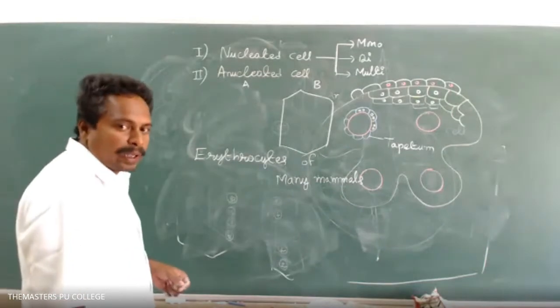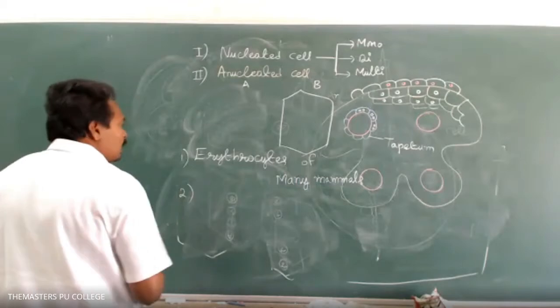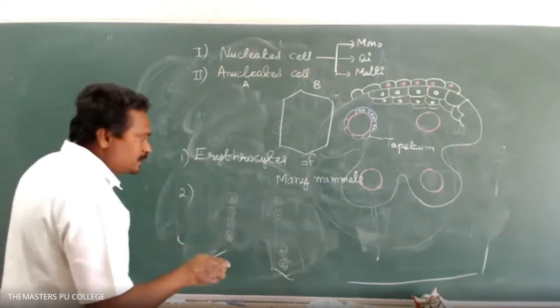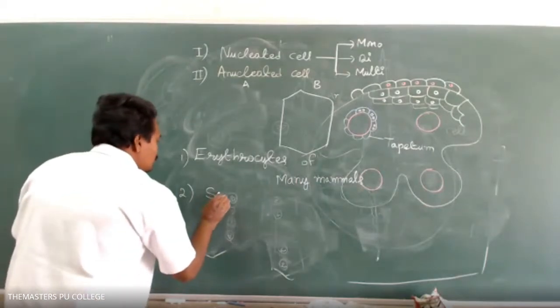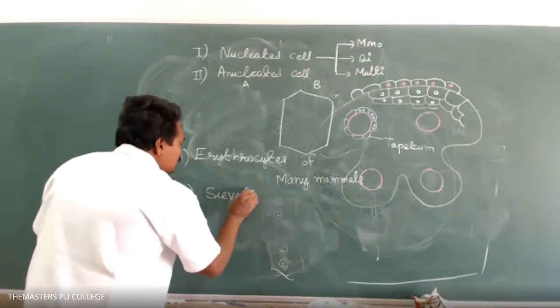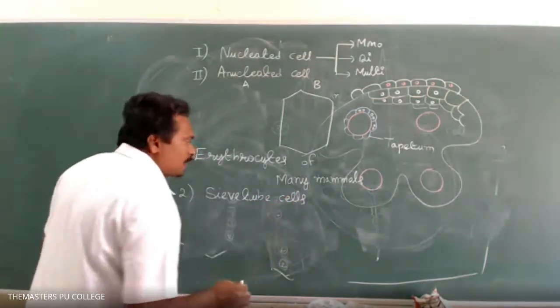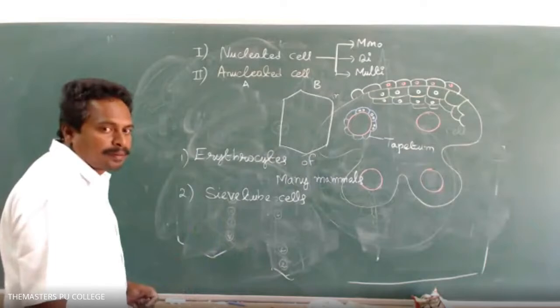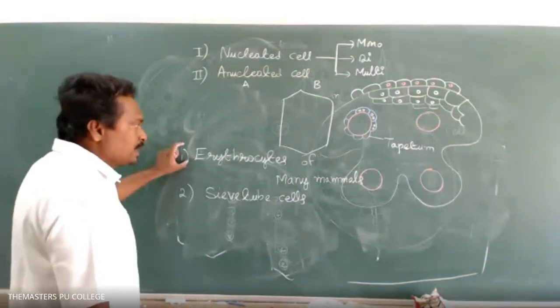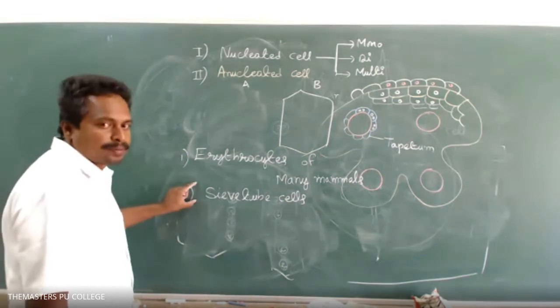And in plants, mature sieve tube cells do not have a nucleus. Erythrocytes of many mammals and sieve tube cells.